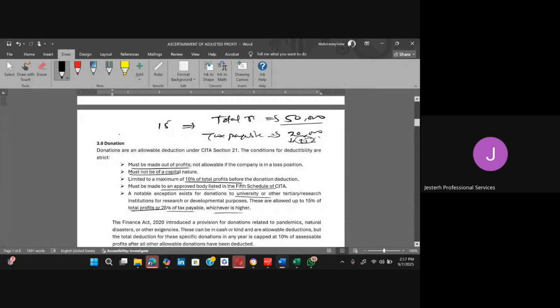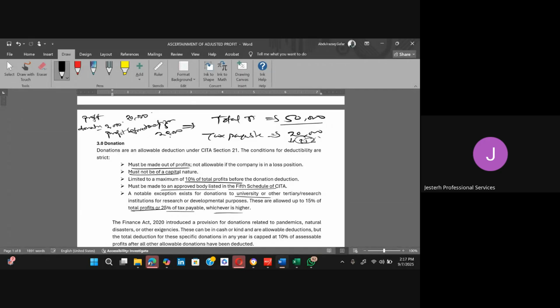So if your profit is 20,000, you know that before you arrive at this profit, you must have initially deducted your donation. And your donation is, let's say, 2,000. So the profit before donation would be 22,000.